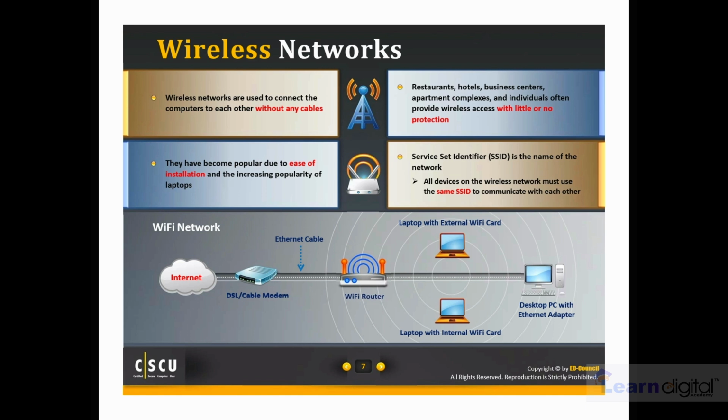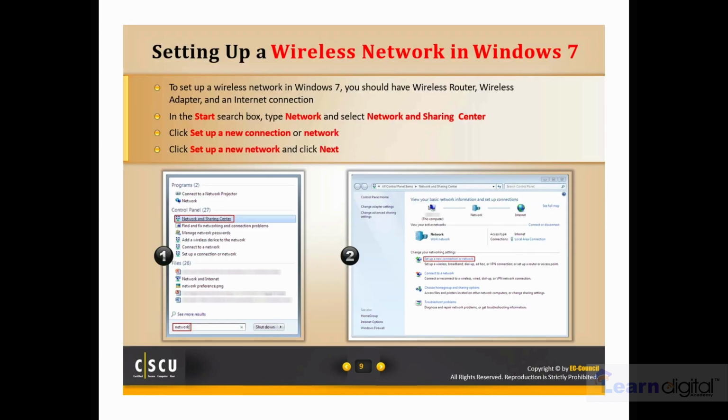So now we will see how we can set up network adapters, or you can say wireless network security. This is Windows 7, but I can guarantee that if you go through Windows 11, Windows 10, Windows 8 or Windows 7, the interface will be the same.